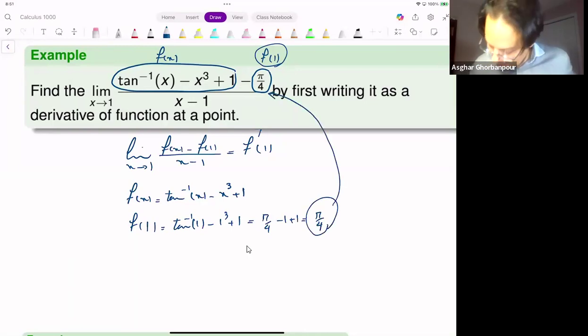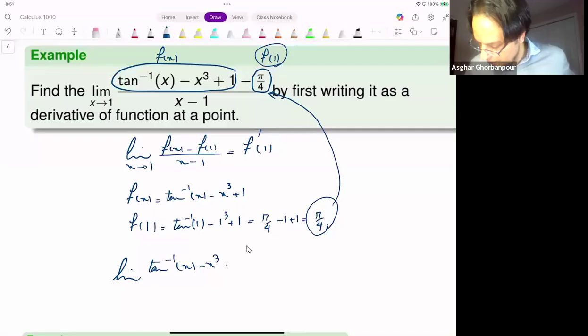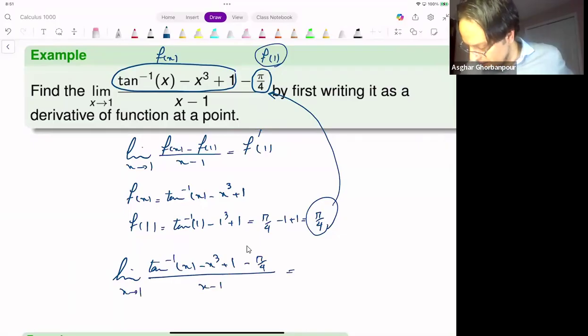So that means that the limit of tan inverse of x minus x cubed plus 1 minus pi over 4, over x minus 1, as x goes to 1, is nothing but f prime at 1.